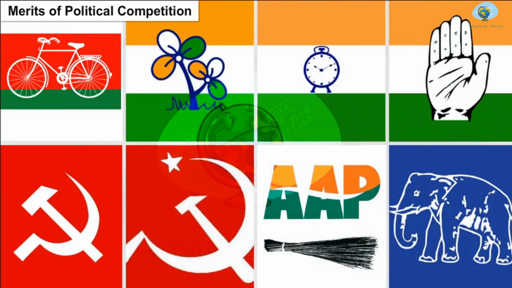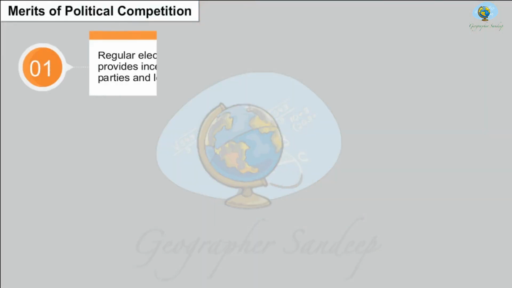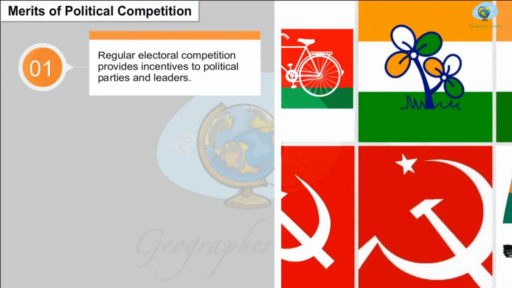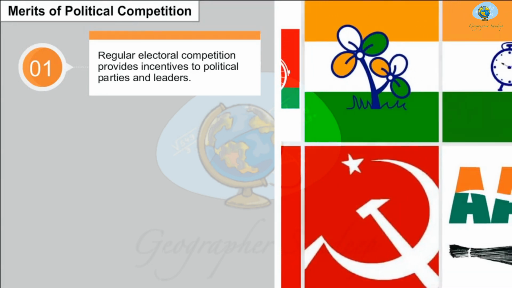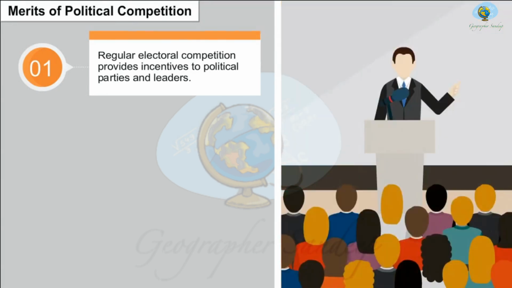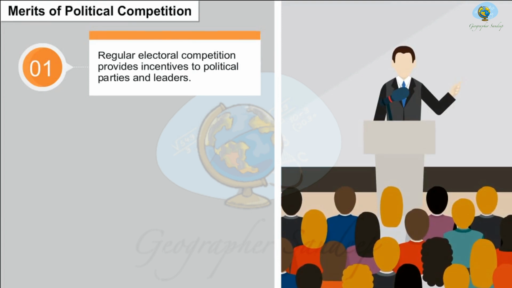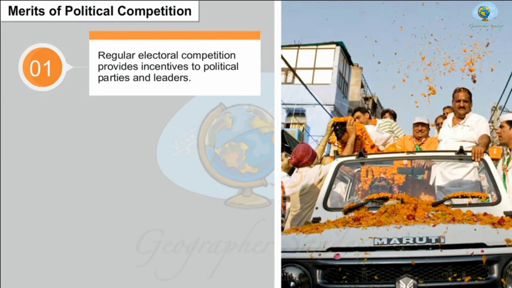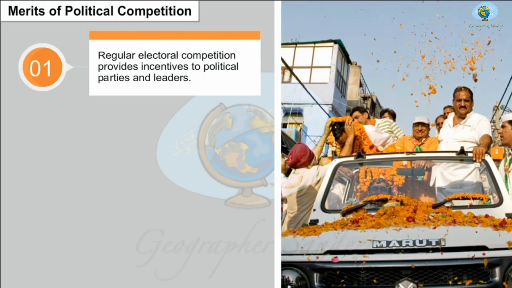Merits of political competition. Regular electoral competition provides incentives to political parties and leaders. They know that if they make promises on issues that people want to be addressed, their popularity and chances of victory will increase in the next election.